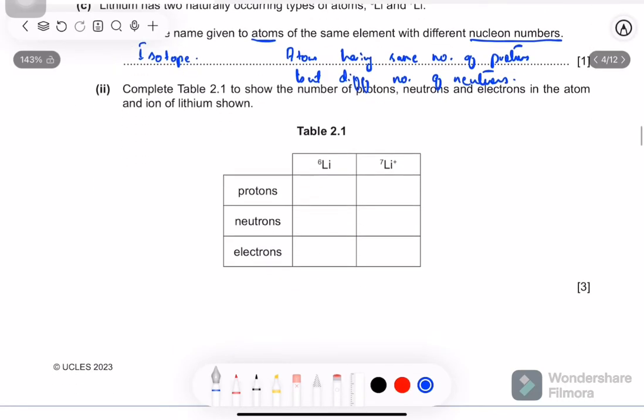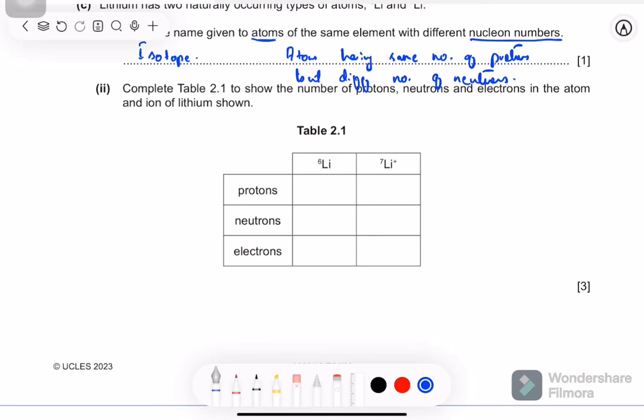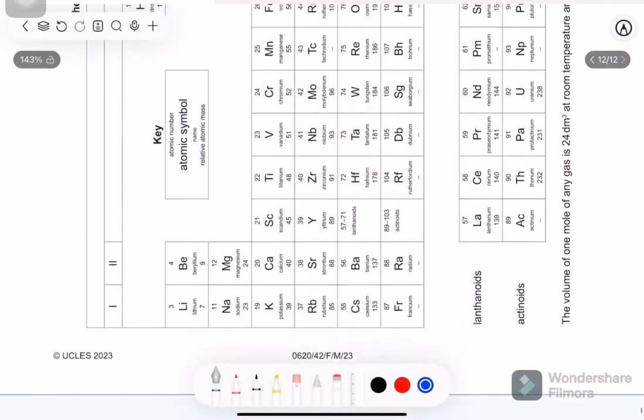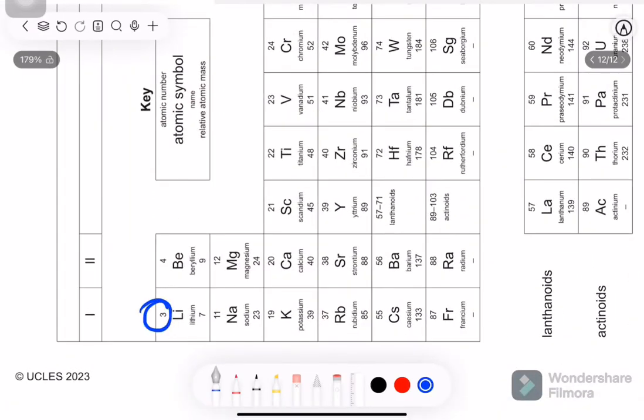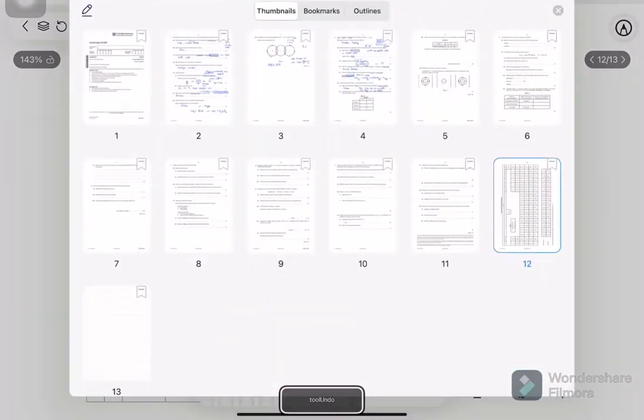Next, we just have to write the number of protons in Li6. Now you have the periodic table with you. Lithium is in group 1 and it has a total of 3 protons. I might as well show you the periodic table. Here you can see lithium has 3 protons, because as I said, it is an isotope of lithium.